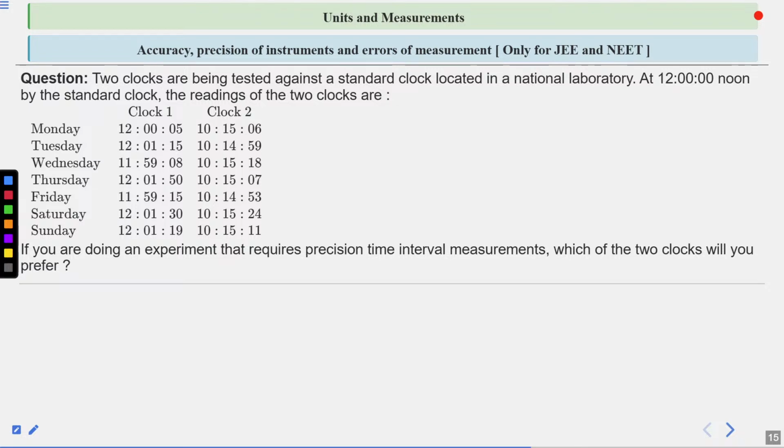If you are doing an experiment that requires precision time interval measurements, which of the two clocks will you prefer? So what is the mean value? Please solve this question.